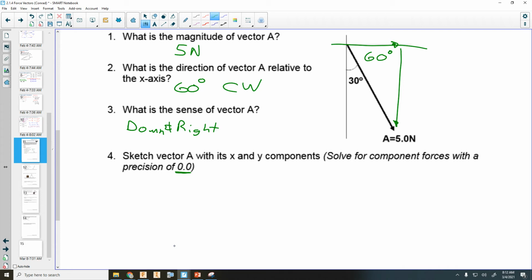All right, so we all should be able to get those, right? Do we want to use SOHCAHTOA or a shortcut? You like shortcut? Makes it a lot easier.